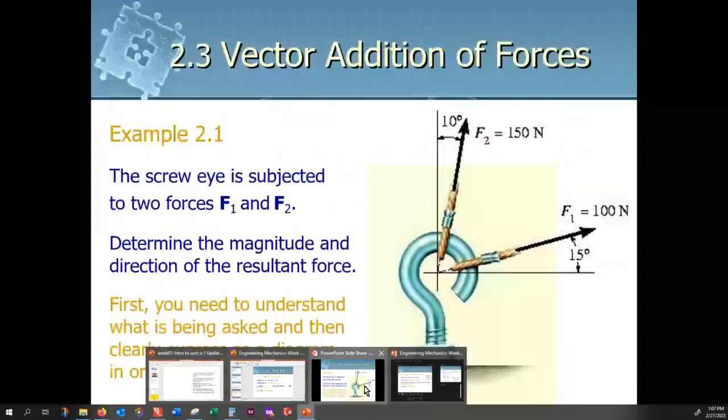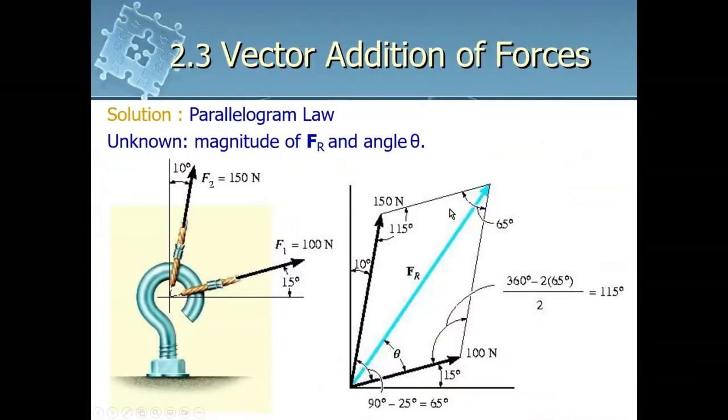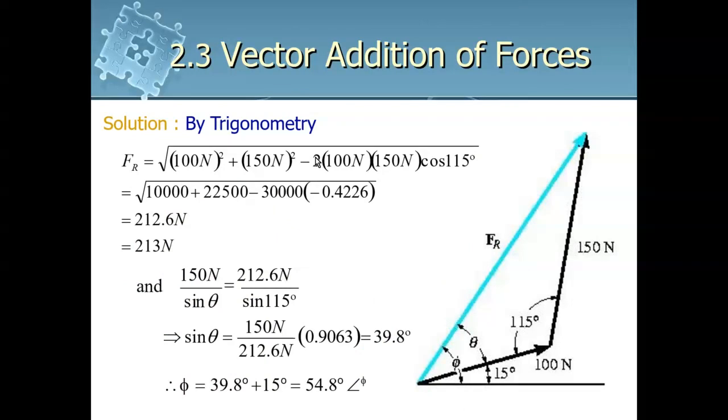So let's have a look at the solution. Yes, Ahmad was quite right. The angle between them is 115. The equation that we use is the cosine law because we have two sides and the angle between them.